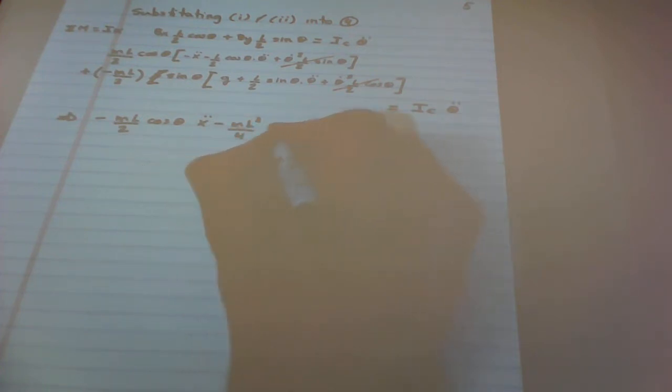We'll have this one, which would be minus m L squared over 4 cosine squared theta.